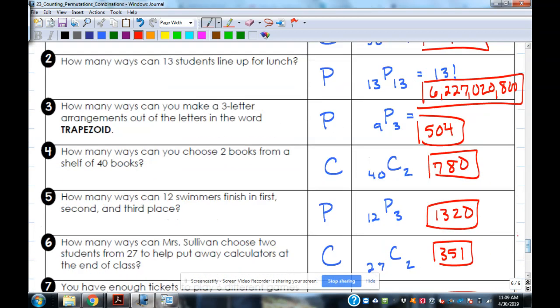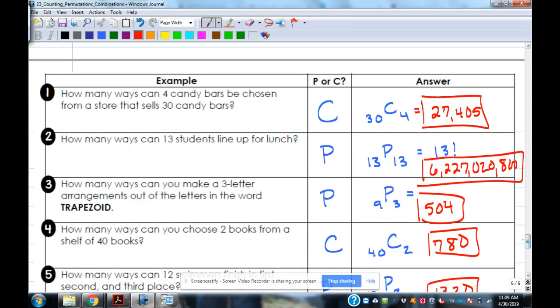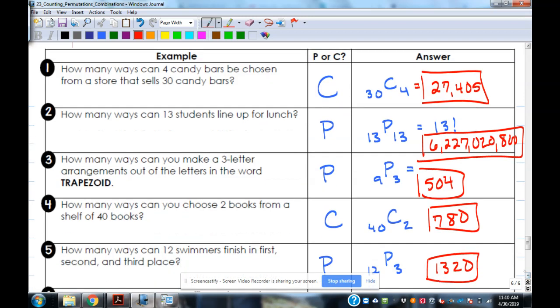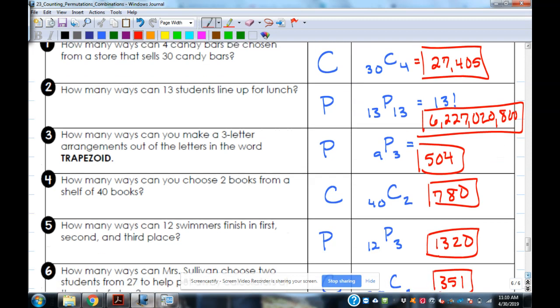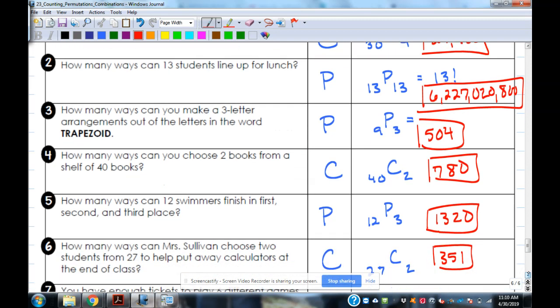All right, so you should be getting number one on the practice. If you've already done it with the calculator, you just want to verify: 27,405. Number two was 6,227,020,800. Number three was 504. Number four should have been 780. Number five should have been 1320. Six was 351.